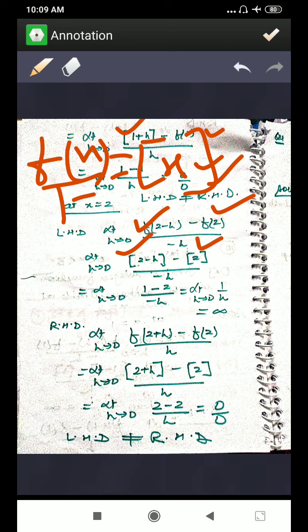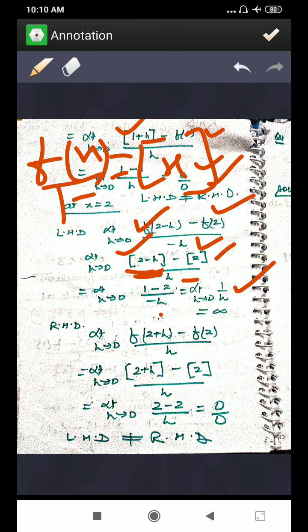F of 2 will be greatest integer function 2 divided by minus h. This will be 1 only. Greatest integer function less than this is 1 only. And this is 2. In denominator it is minus h. So we'll get again it is equal to 1 upon h. That is infinity. If we put h equal to 0, it is infinity.